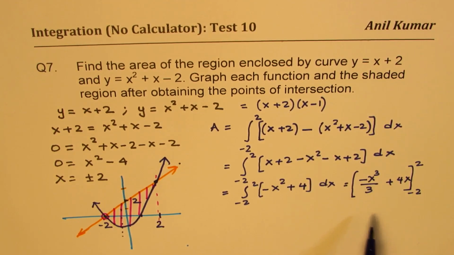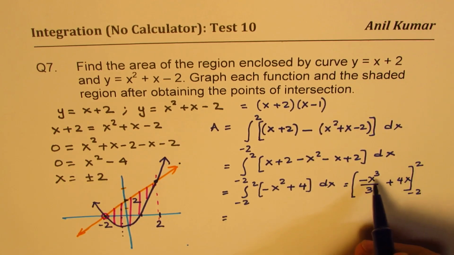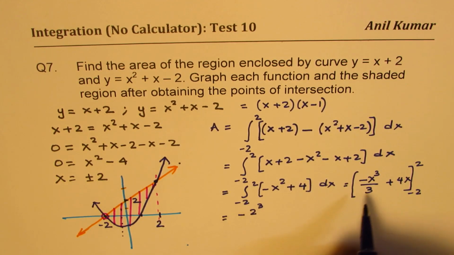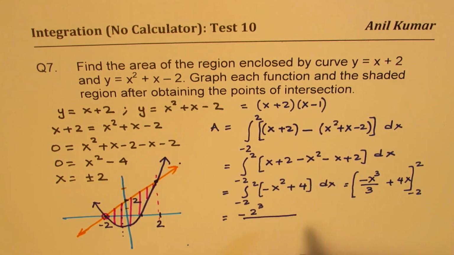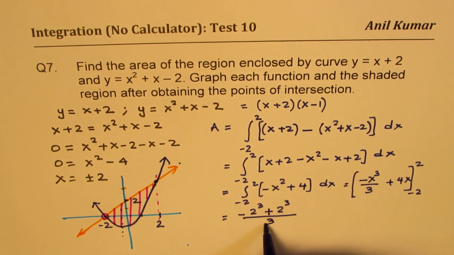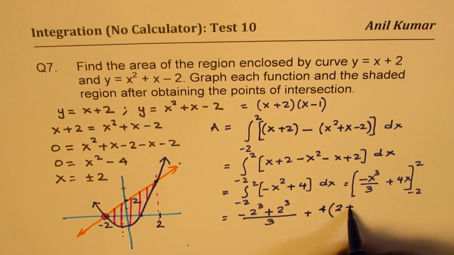Right? Substitute these values. So when you substitute these values, we get minus of 2 cubed over 3, and the cube of minus 2 will be negative, so minus and minus becomes plus, right? And for this we get plus 4 times 2 minus of minus 2, which will be plus 2.